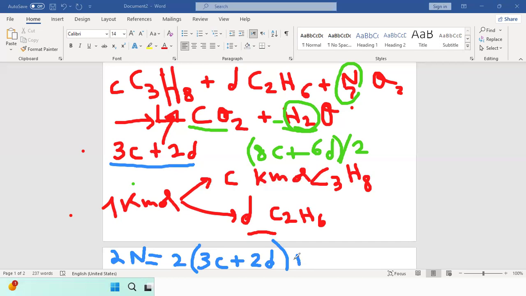Plus, for H2O, I have to take the coefficient times 1. So plus 8C over 2, that is plus 4C, plus 3D.